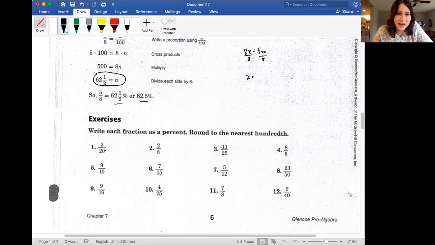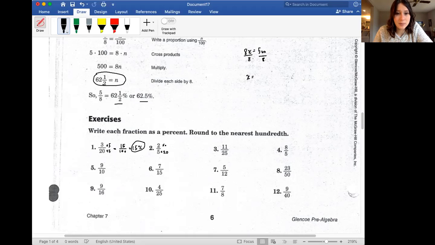So looking at this, I know 2 times 5 is 10, 20 times 5 is 100. So if I multiply top and bottom by 5, then I get 15 out of 100, and that's 15%. So that's that. I can do that. Then I've got 5, what can I multiply by? 20, right?